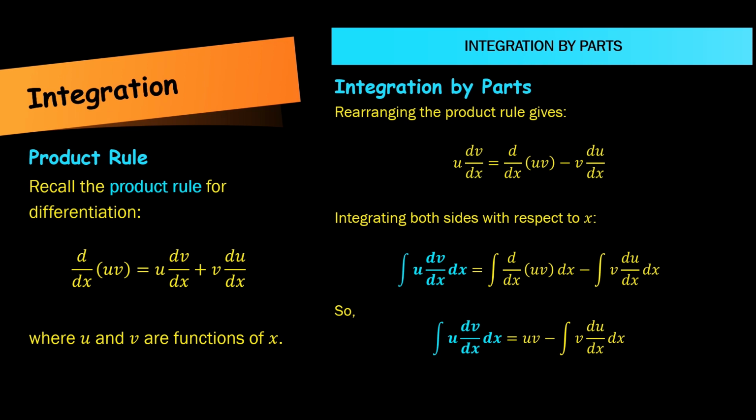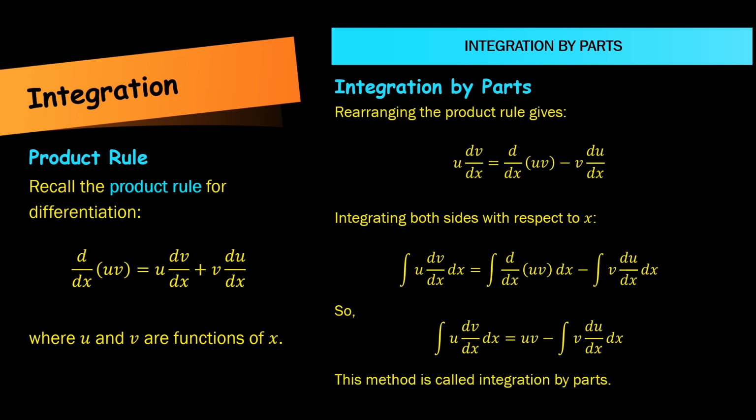And this equation is equivalent to the integral of u dv/dx dx, which doesn't of course change, equals uv, since this is the integral of d/dx of uv dx, minus the integral of v du/dx dx, which doesn't change either. This method is called integration by parts.